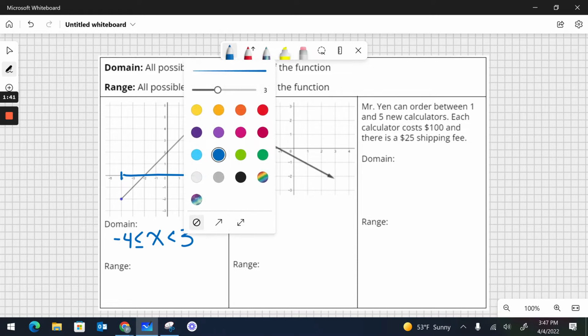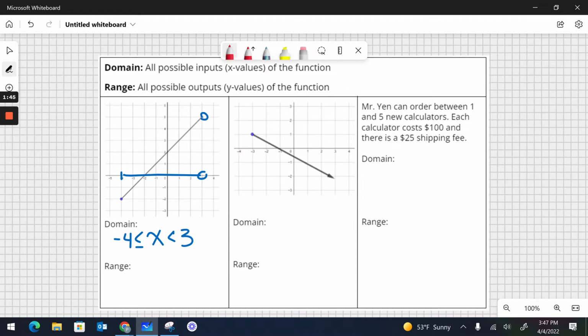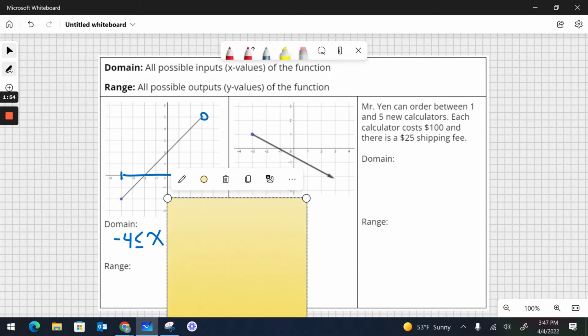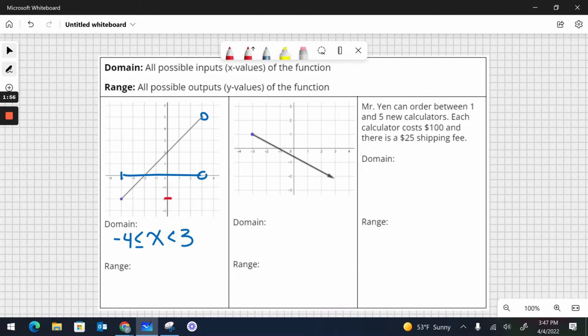Now the range. Looking up and down, the lowest that this graph goes is to a y of -2.